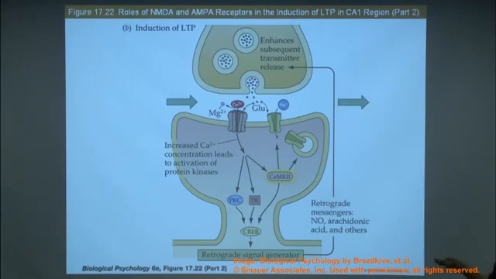So once you get more activation of the postsynaptic membrane such that the potential increases, you get calcium coming in. Calcium activates CaMKII, a second messenger system, that will then tell more AMPA receptors to insert into the postsynaptic membrane.